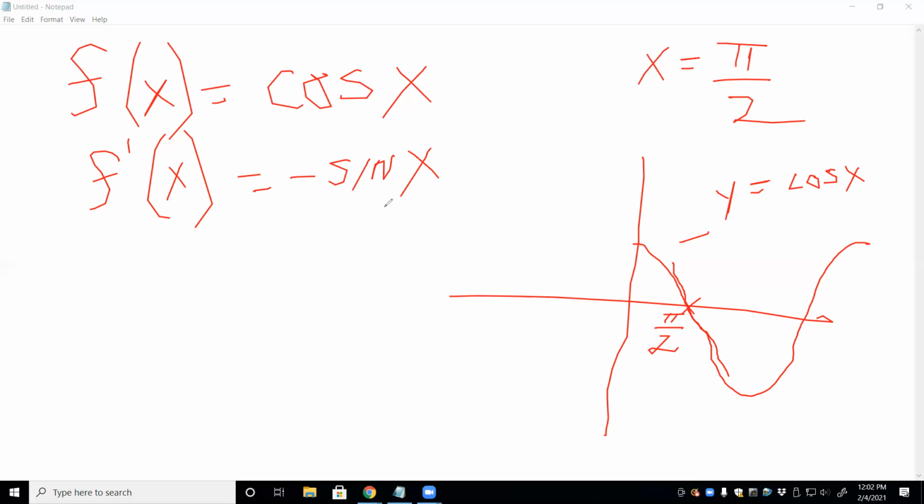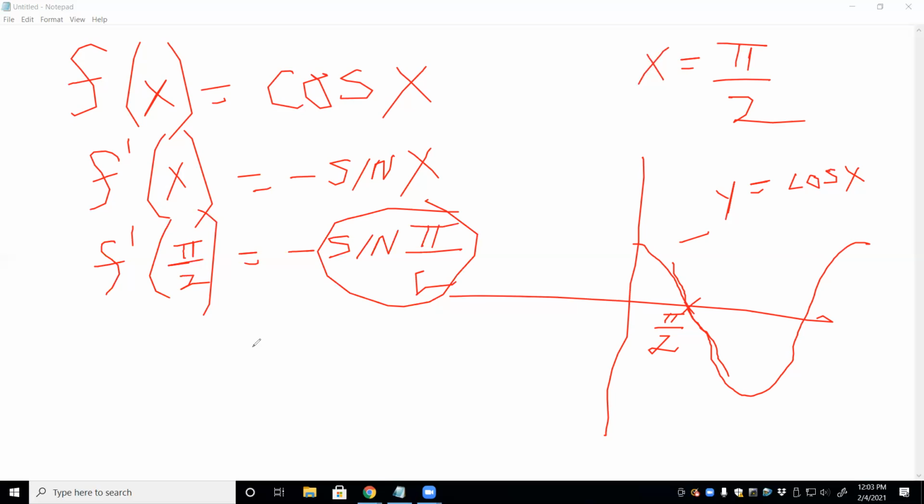We could actually, but for the moment, let's just accept that that is something you're going to memorize. And now, what is the slope at pi over 2? Then I'm going to plug it into this, minus sine of pi over 2. Well, sine of pi over 2 is 1, so that's minus 1. And that is the slope of that tangent line.